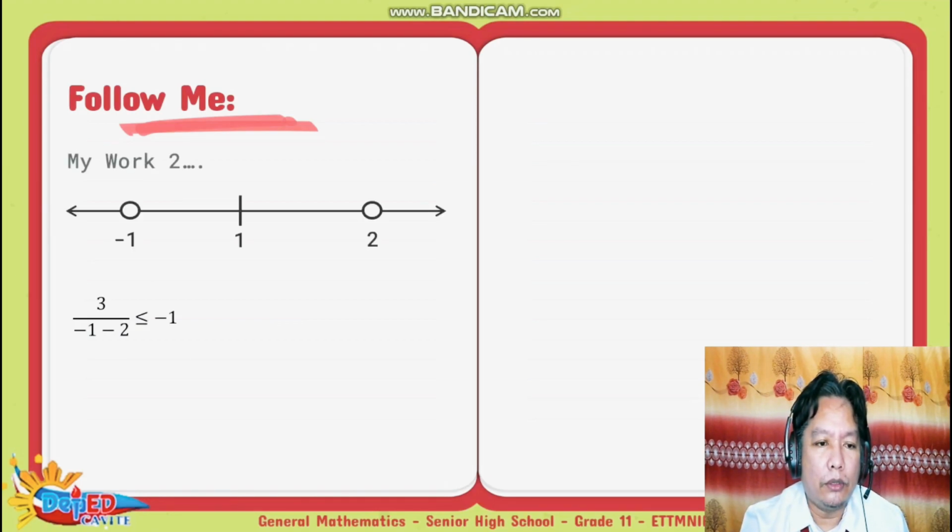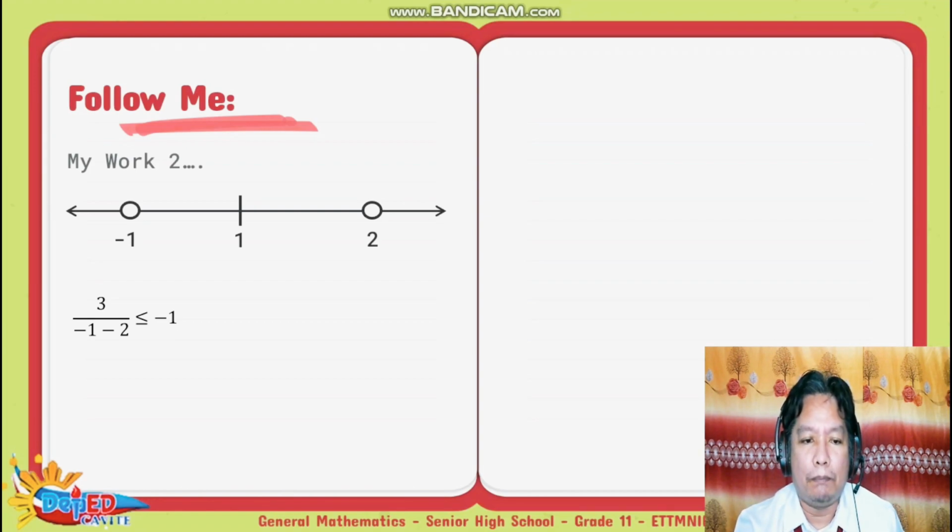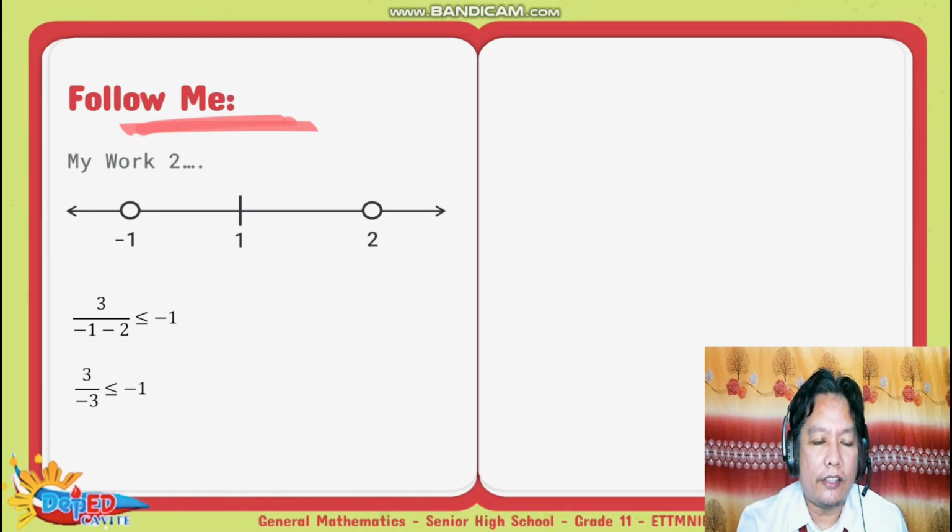If we are going to substitute the values of our x, which are -1 and +2, we have 3 over x minus 2, or -1 minus 2 is -3. 3 divided by -3 is equal to -1, which is less than or equal to -1.